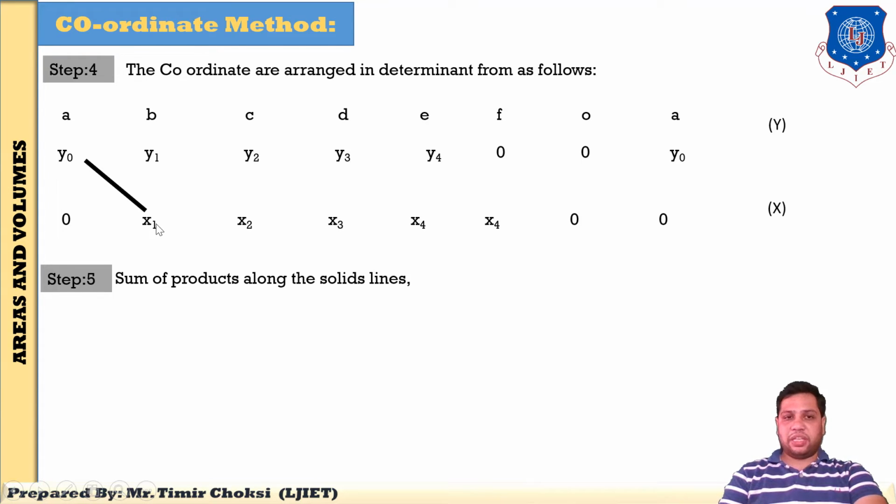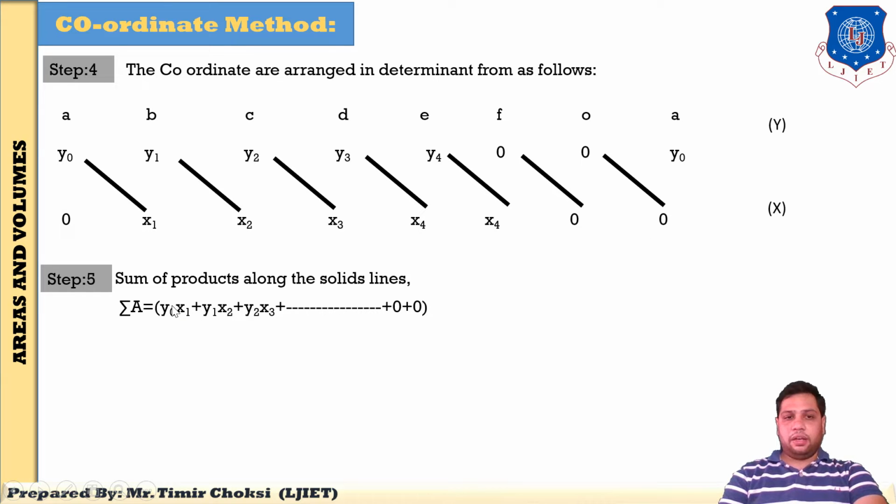So we find the summation A, meaning area A, summation A equal to y0 x1 plus y1 into x2 plus y2 into x3 plus y3 into x4, similarly up to the last 0 into 0. So you have found summation A, meaning the sum of product along the solid line.